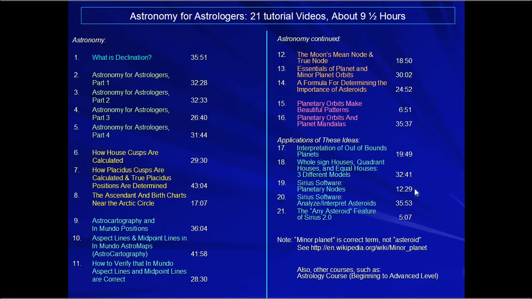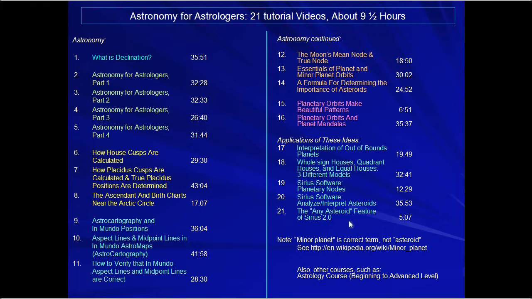Video 19 is on how you select planetary nodes. You can do research with planetary nodes in the Sirius software. And video 20 covers many of the different asteroid and minor planet features in the Sirius software. Just lots of features. There's interpretations, which are good reference materials, different ways to list and look at asteroids and minor planets.